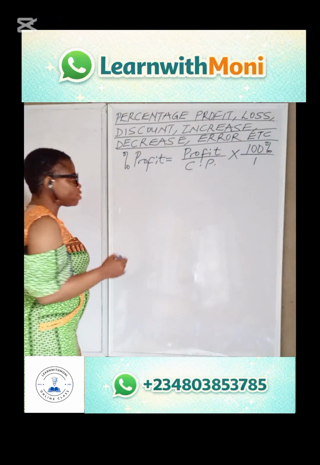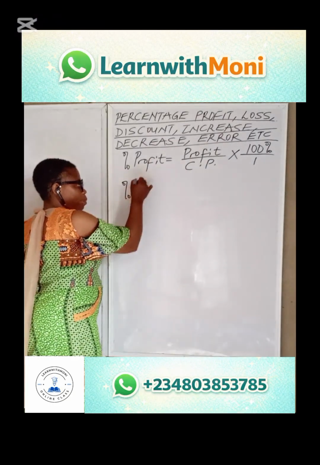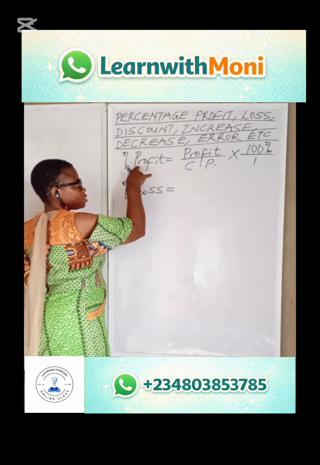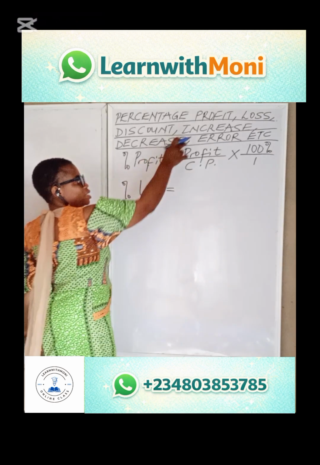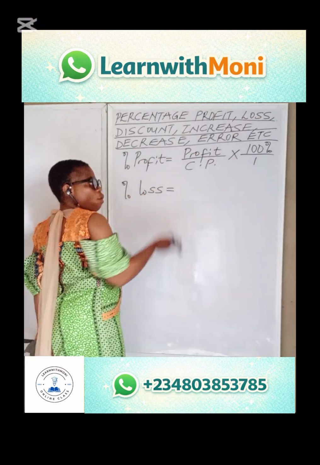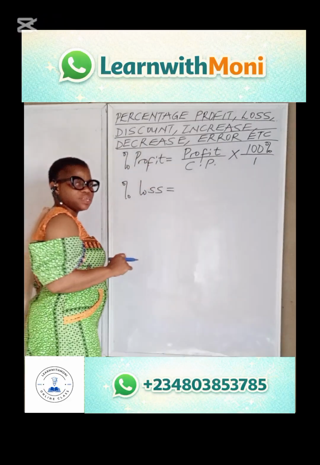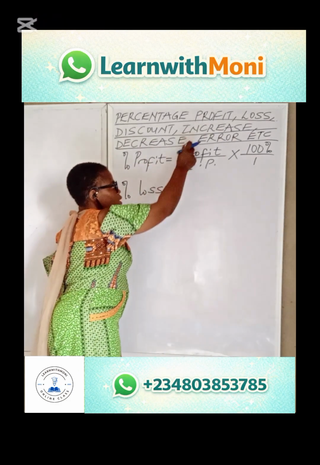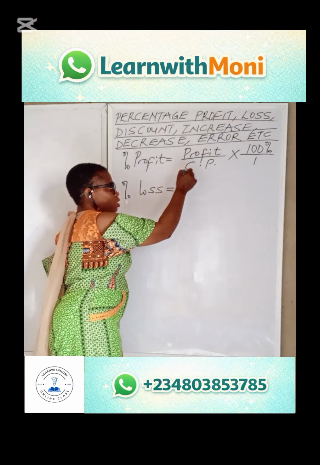The same way, if it is going to be a loss, percentage loss, it's going to be the actual loss. Look at it. When I'm looking for percentage profit, it is the actual profit over the cost price, which is the first price that occurred in the transaction. Now I am looking for percentage loss.